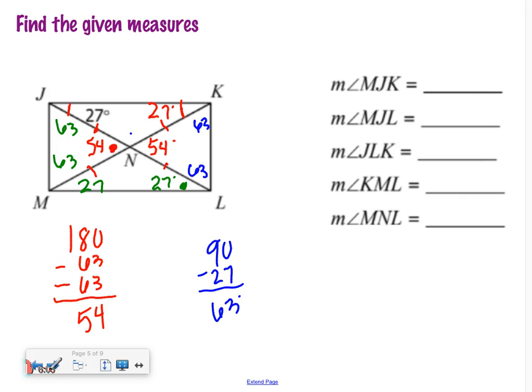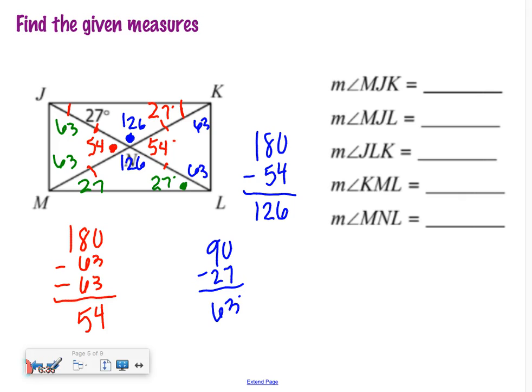Now can we find this last angle? How can I find this one? Perfect. Linear pair. 126. Again, it's just a big puzzle. It all fits together.